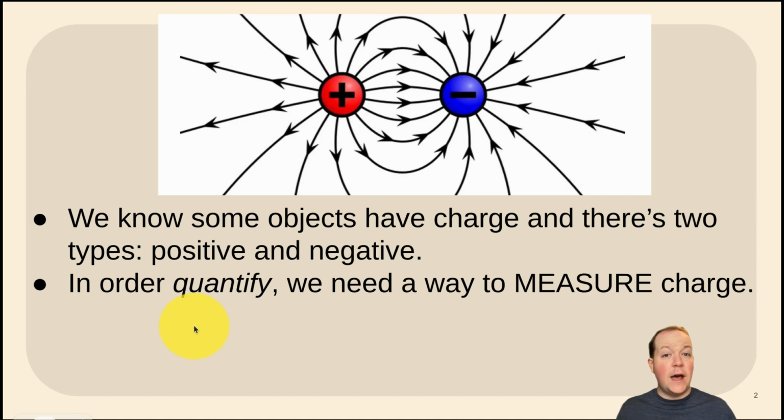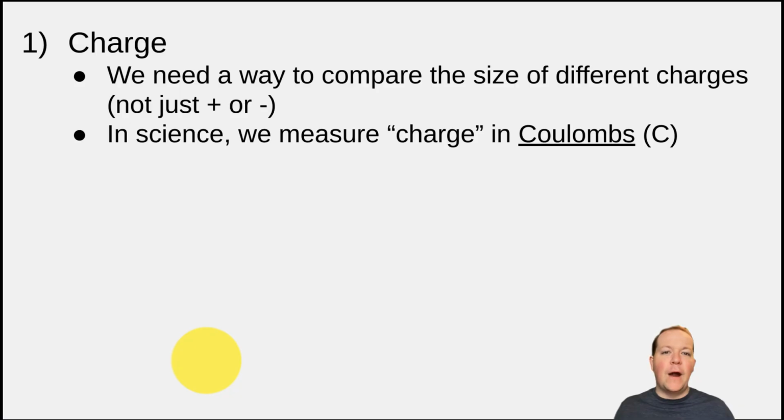Likewise, we can talk about attraction and repulsion. We can say one thing has more charge or less charge, but we haven't yet talked about how we actually measure charge, and that's important. Because if we're going to calculate the amount of force that is exerted on things, we need a way to actually get a number for how much charge there is. So that's where we're starting with part number one here, and then we'll get into the equation, okay?